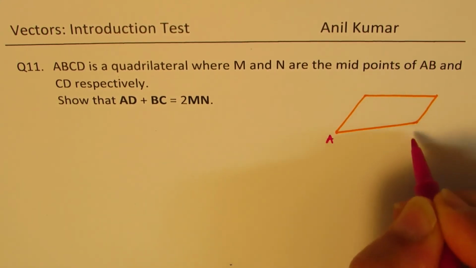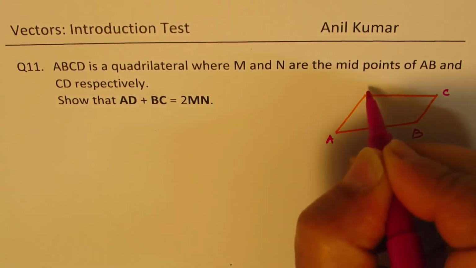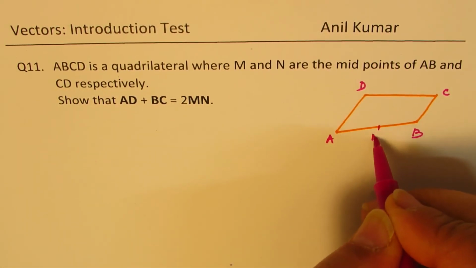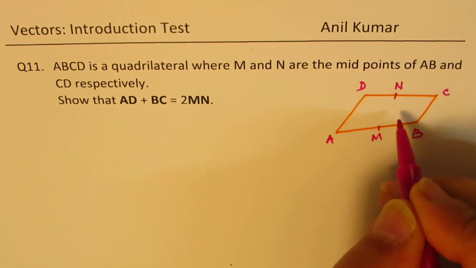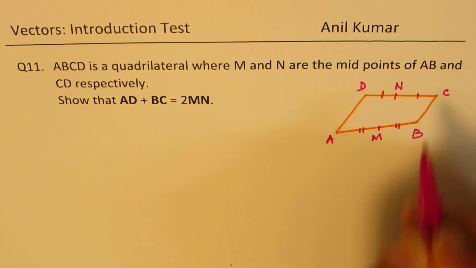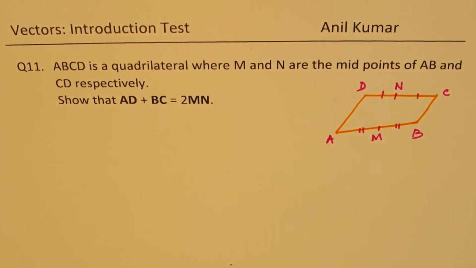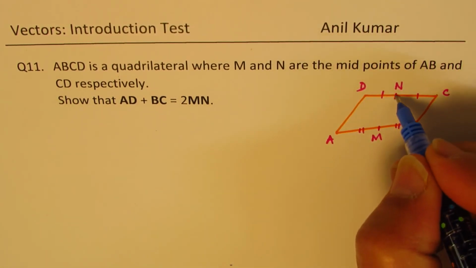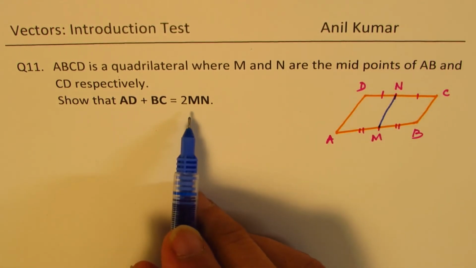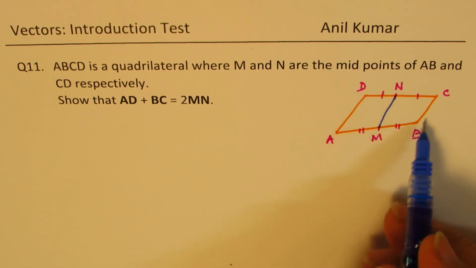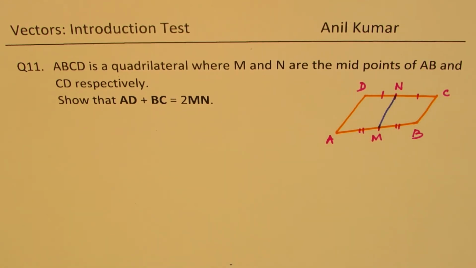So let's say this is A, B, C, D. M and N are midpoints of AB and CD. So these two sides are equal. Those are the midpoints. Now we need to show that twice MN, that means this, is equal to AD plus BC. Okay.